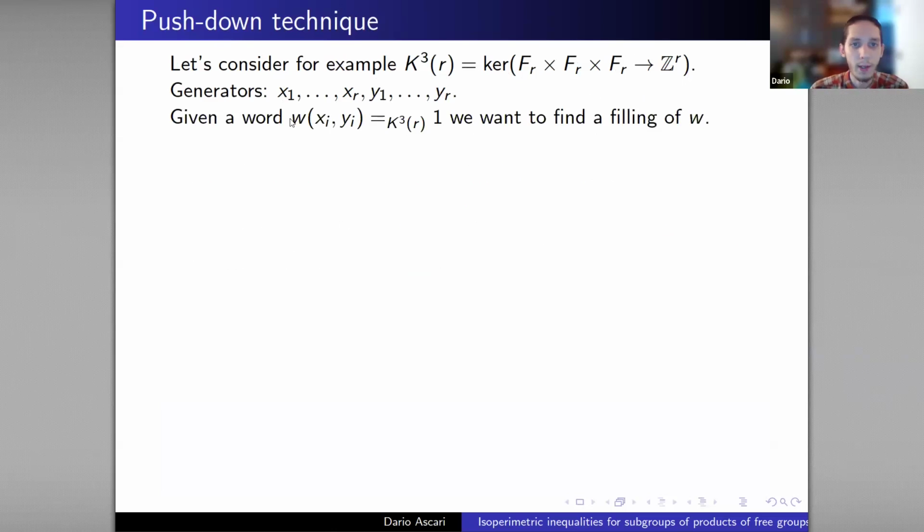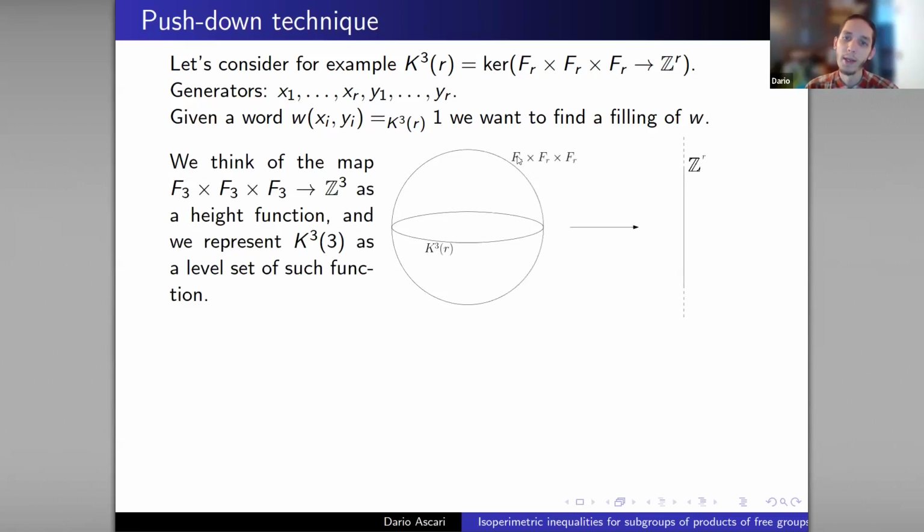So we are given a word W in X_i, Y_i, which represents the identity of K3R, and we want to find a filling for W. What we do is the following. First of all, we take F_R cross F_R cross F_R, which is represented by this sphere. This represents the Cayley graph plus the 2-cells glued. And we represent Z as a line.